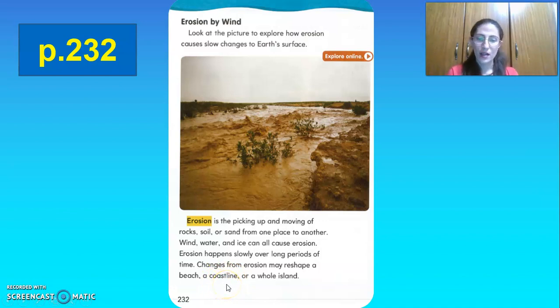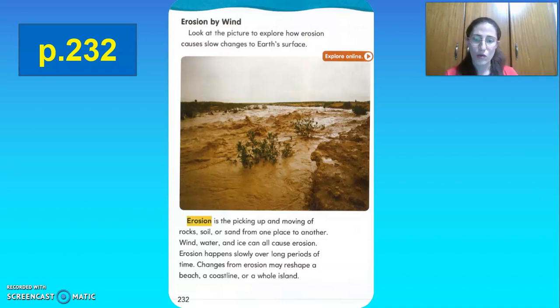So let me re-explain what is erosion. Erosion is the picking up and moving of rocks, soil, or sand from one place to another. What causes erosion? Wind, water, or ice can all cause erosion. Now we listen up carefully.